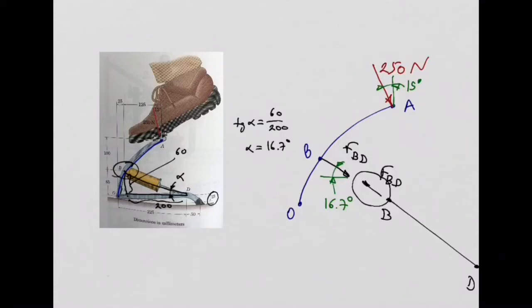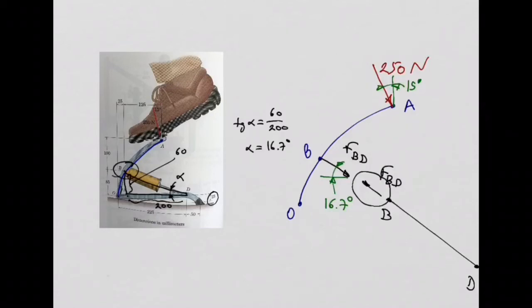But we need to continue because, in order to isolate OBA, remember, we also remove the connection at point O. So at point O we have a hinge and we have a spring there.